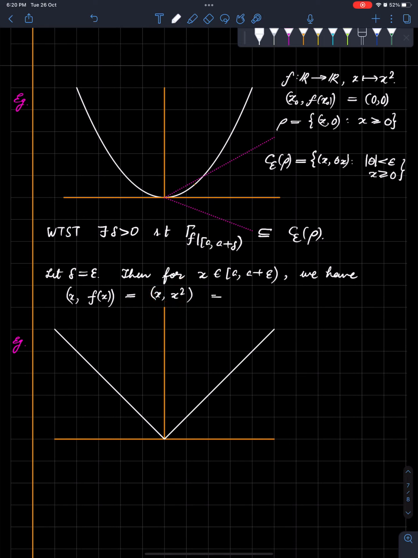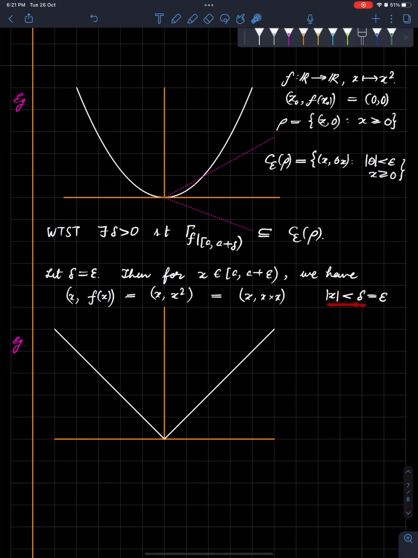So this is equal to (x, x times x). But mod x is less than epsilon. In fact, mod x is less than delta, which is equal to epsilon. Right? So this is indeed of that form. Just think of this as theta, and this satisfies this constraint.